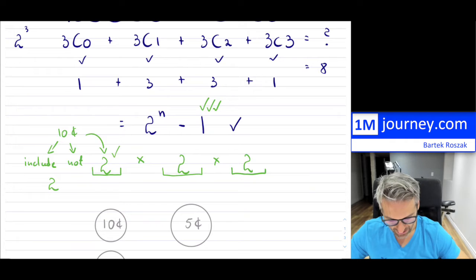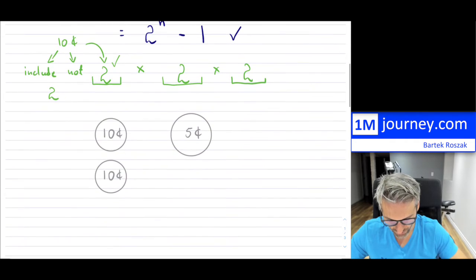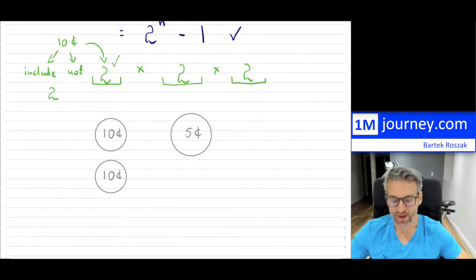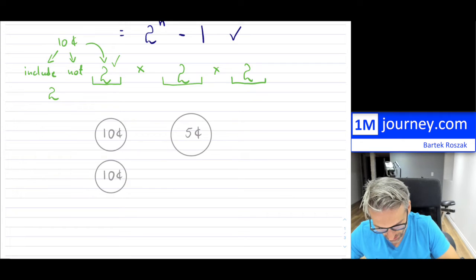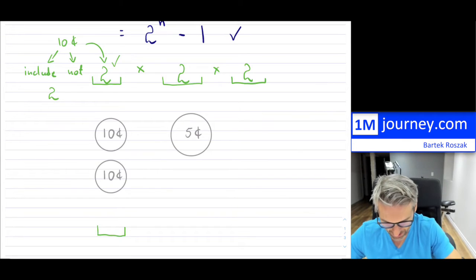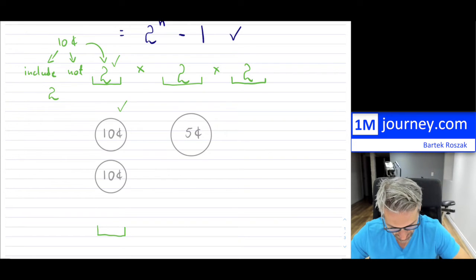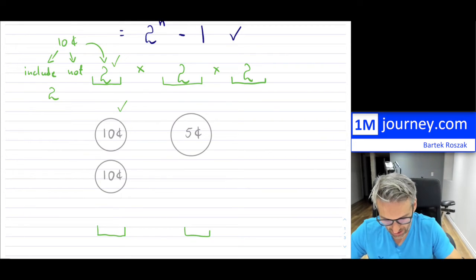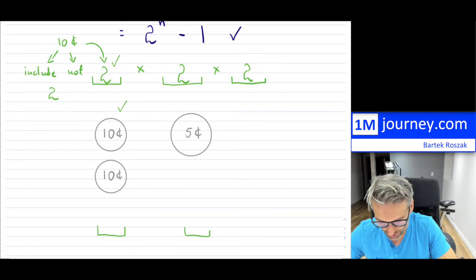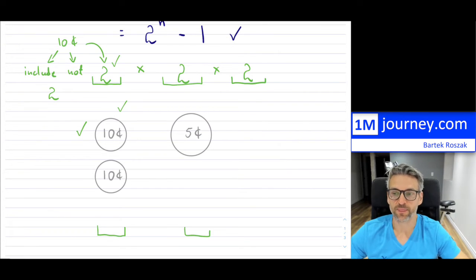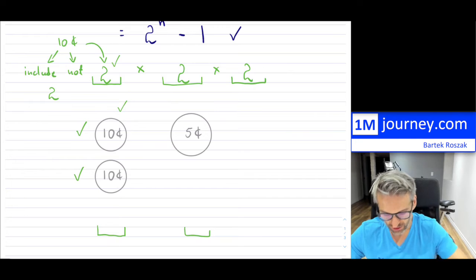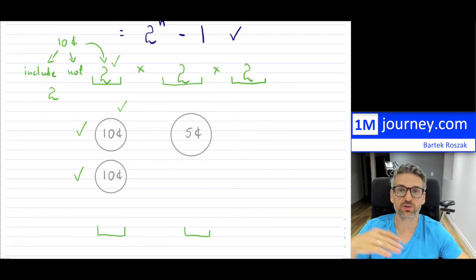So extending this to something of this particular nature, what would I have if I wanted to count all the possibilities, except now I have 2 coins that are 10 cents, and here I still have only 1 coin? Here I can either include 1 10 cent, I can include 2 of them, or I can include none of them. Which means instead of having 2 possibilities, now I actually have 3 possibilities.